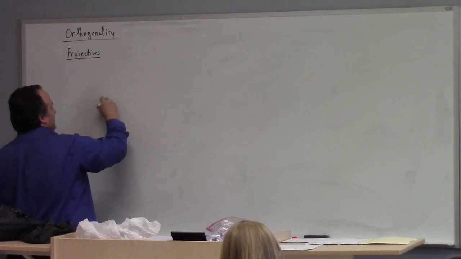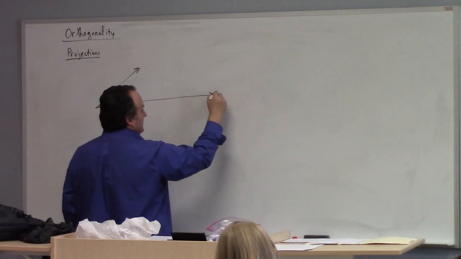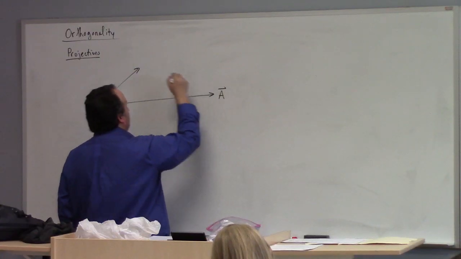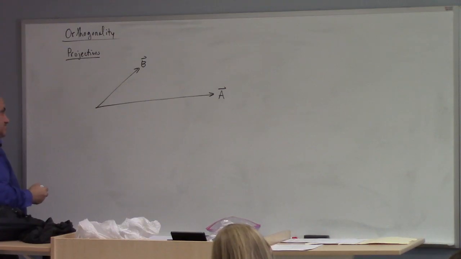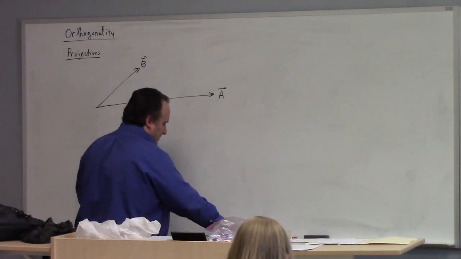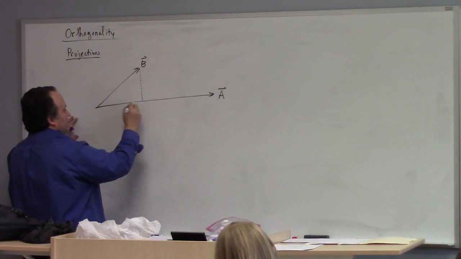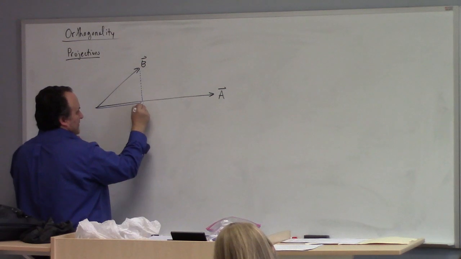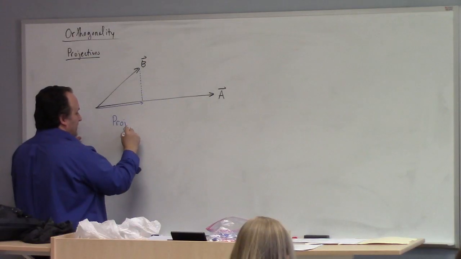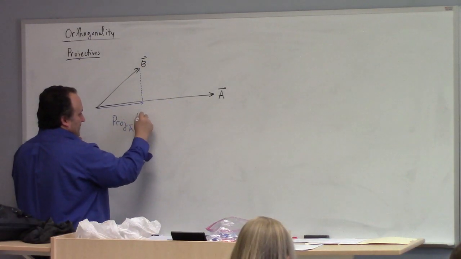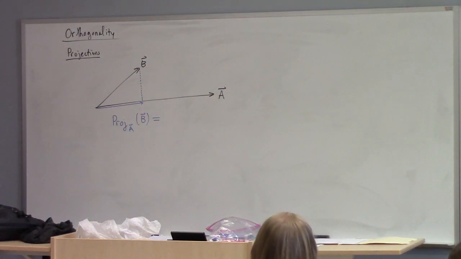So the first kind of projection you might talk about, if you were doing things more logically, might be this. Here's A, and here's B. There's clearly a vector here, which we should be able to construct, and we can call that the projection onto the A direction of B. What's the formula for that?